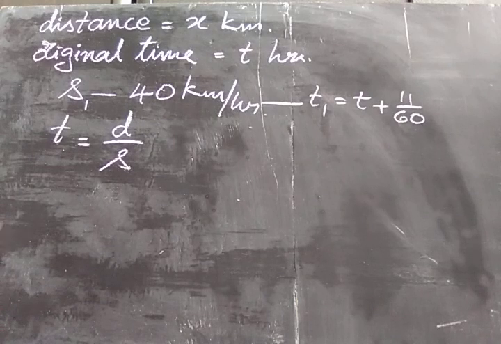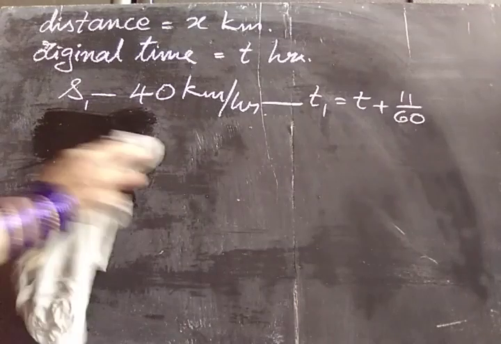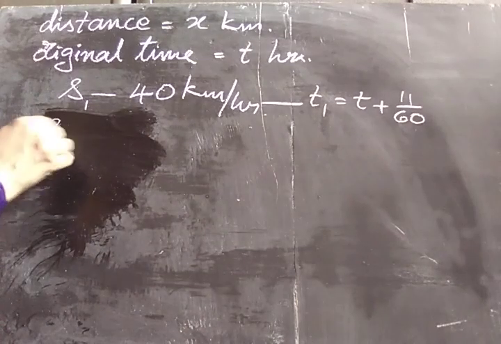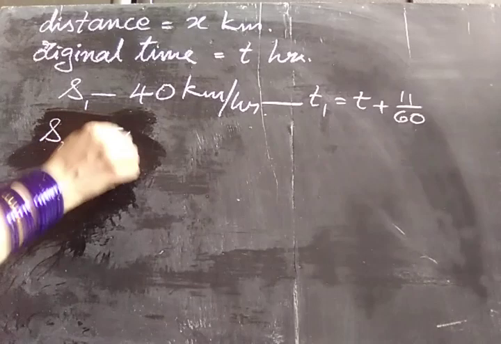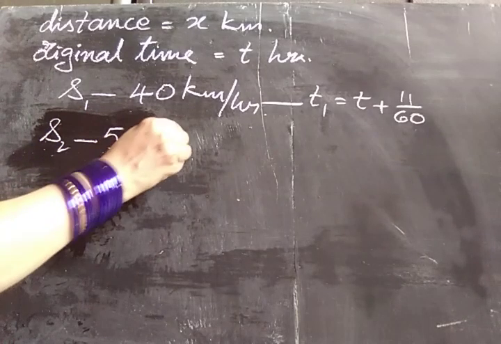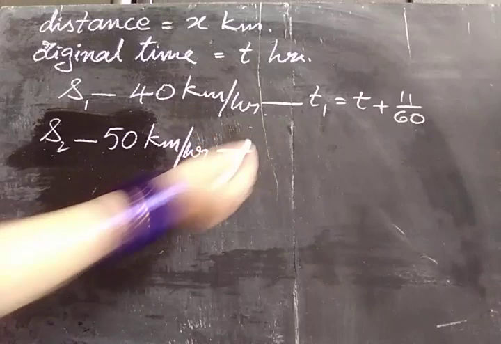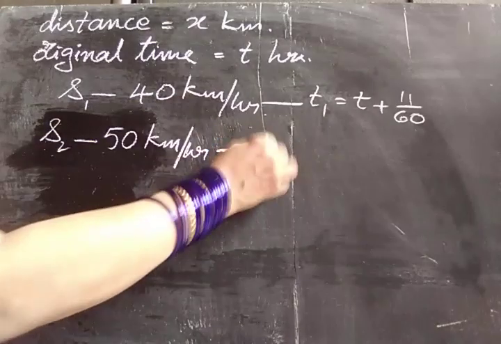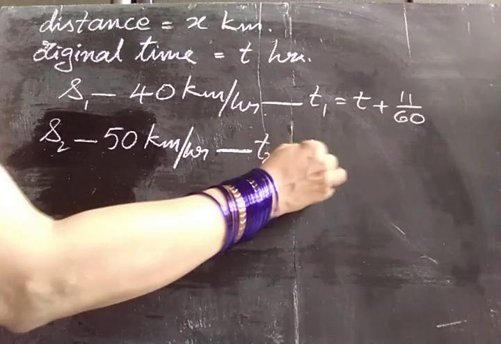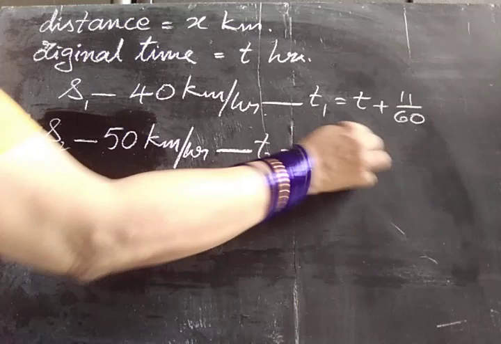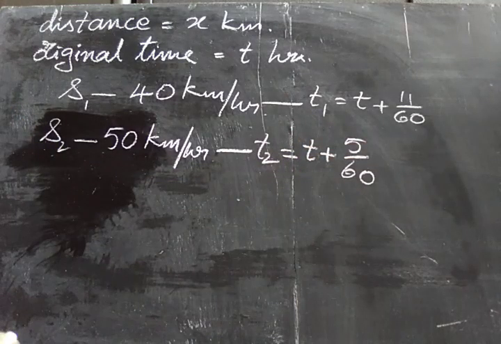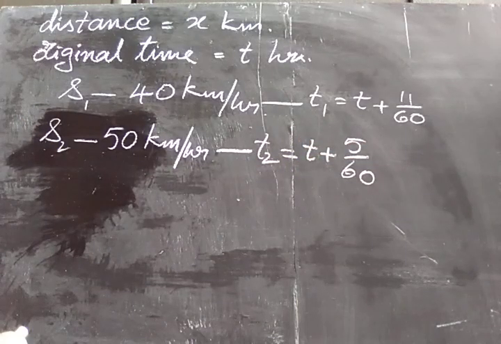Now, this is a formula only. If the speed increases to 50 kilometers per hour, then it is 5 minutes late. So, it will be 5 by 60.